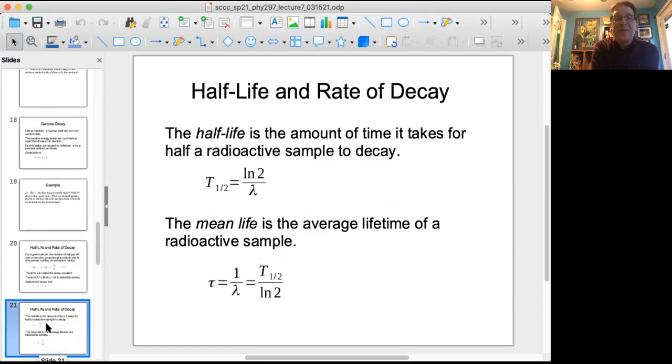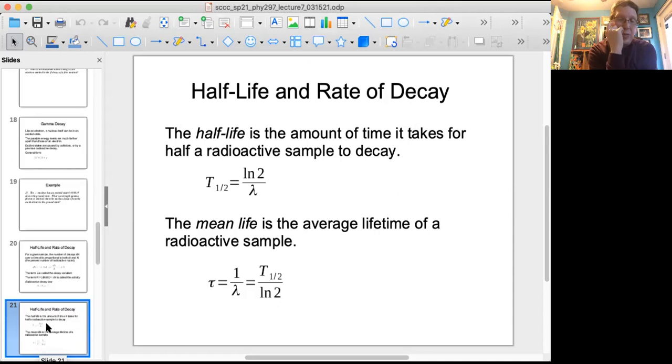So the half-life is equal to the natural log of 2 divided by lambda, the decay constant. And similarly, the decay constant is equal to the natural log of 2 divided by the half-life. And so the mean life is the average lifetime of a radioactive sample. That's equal to 1 divided by lambda.